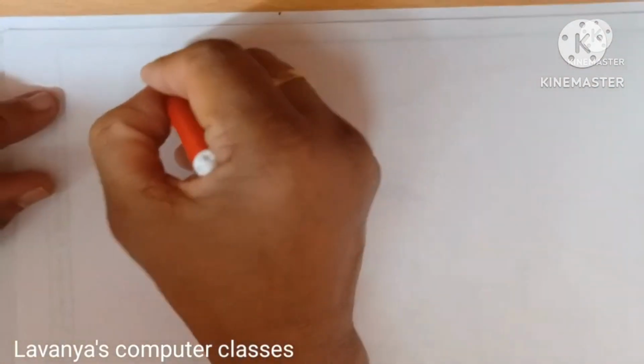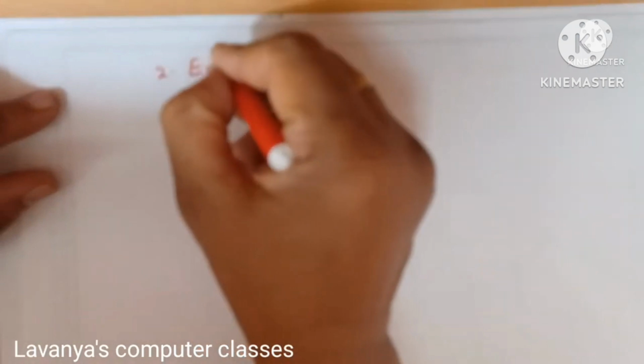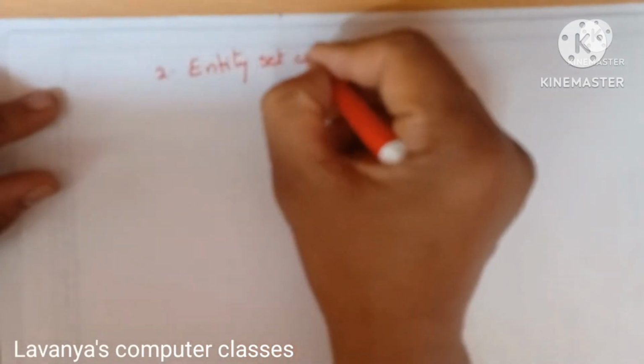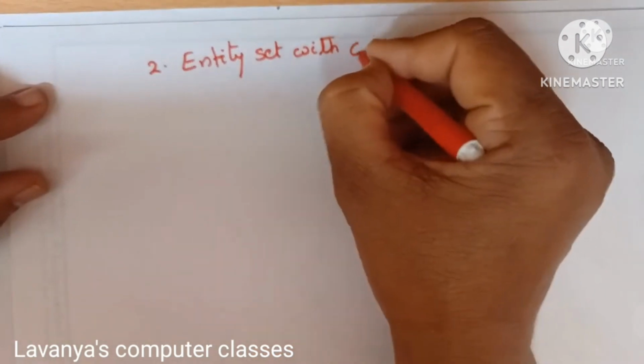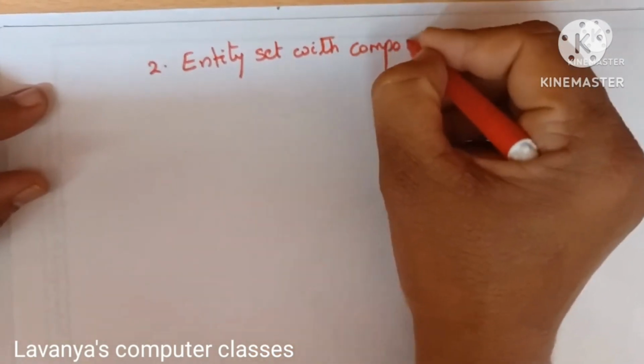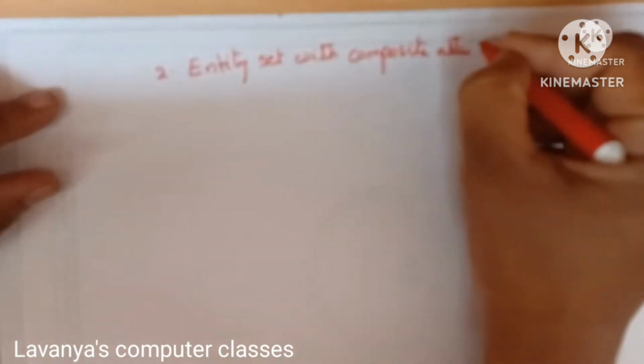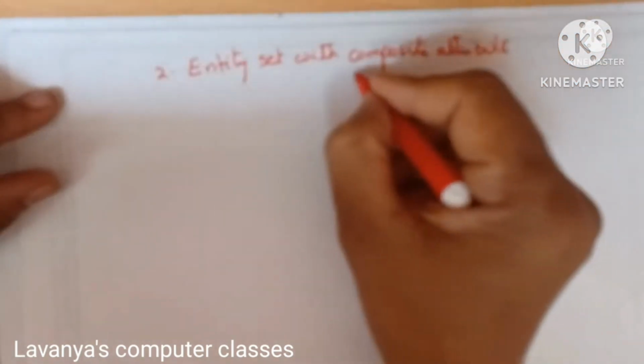Next, second example. Second one is how to convert entity set with composite attributes. Any ER diagram may contain composite attributes.